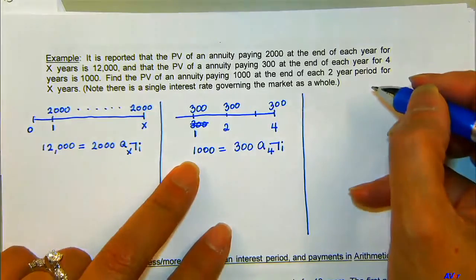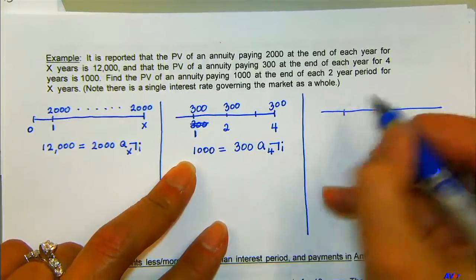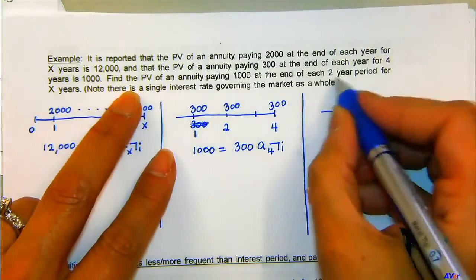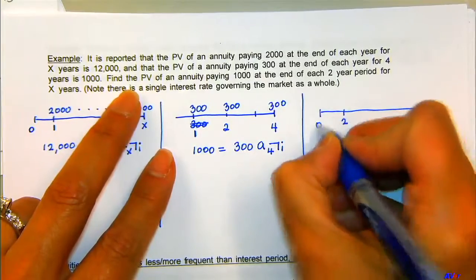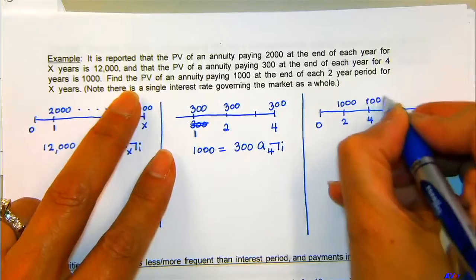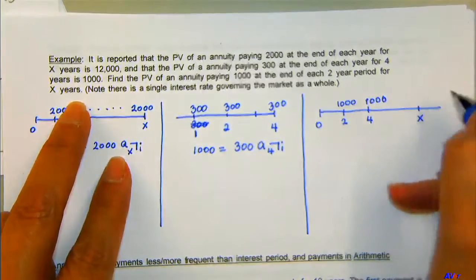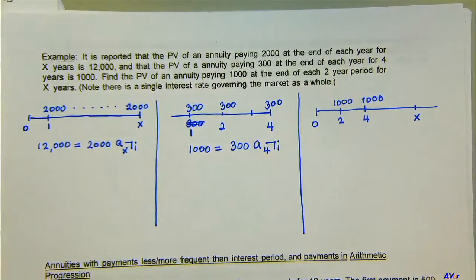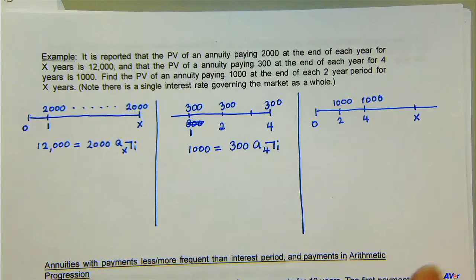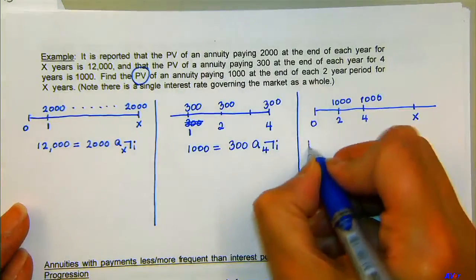And then what? Find the present value of an annuity paying 1,000 at the end of each 2-year period. So here I go, 1,000 for X years. Payments happening less frequently than interest is credited. I want the present value.